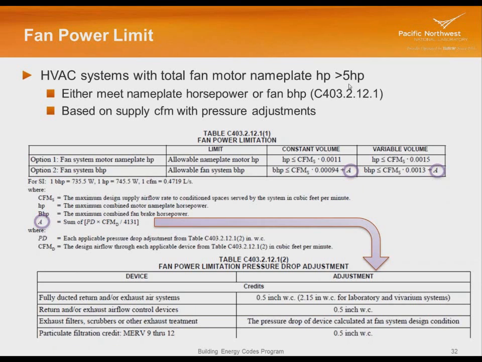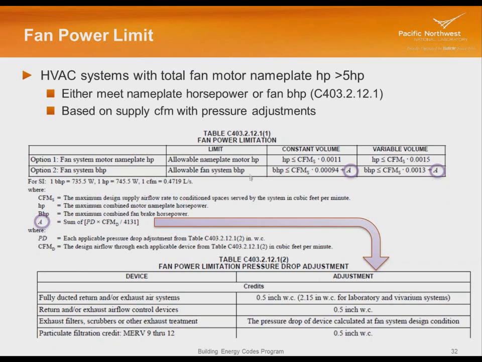And if there's an exhaust fan serving the same area, that exhaust fan power also needs to be included. So if you add up all the fans serving a particular system and you're greater than 5 horsepower, you fall under these limitation requirements. The simple way to do this is the nameplate horsepower, and you get a certain allowance that includes everything, including the motor efficiency, and there you go.